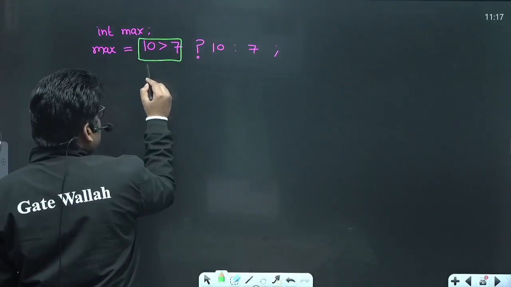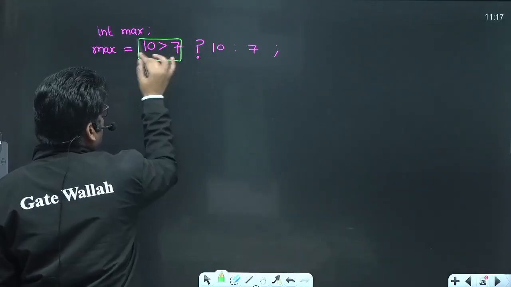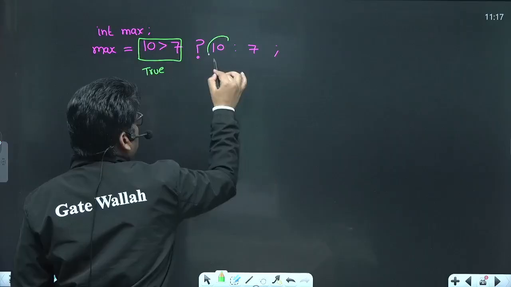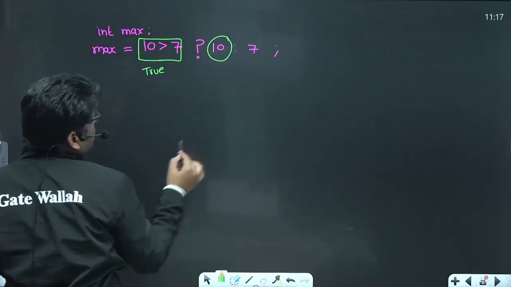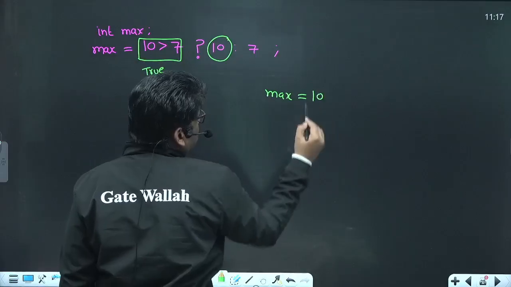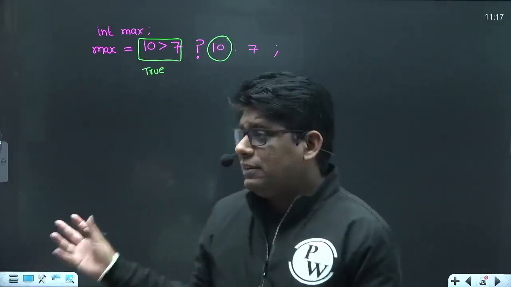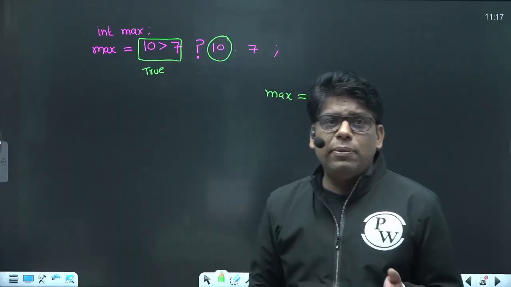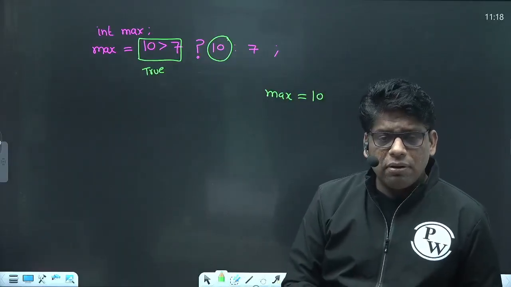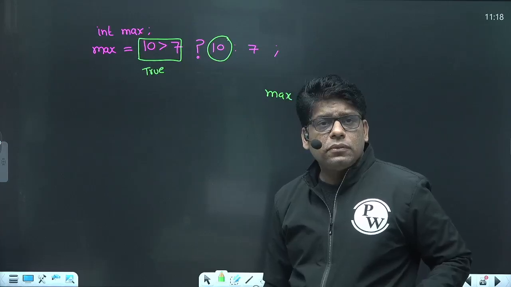Is it true? Yes, it is true. Because it is true, the value of this entire expression becomes equal to 10. That means the value that goes inside max is 10. Actually, this is nothing but finding the maximum among 10 and 7.